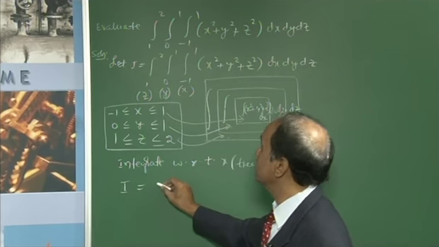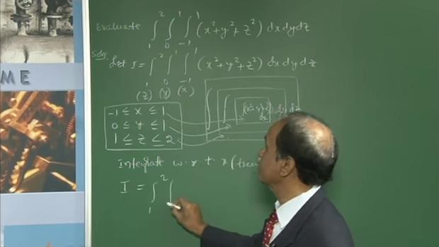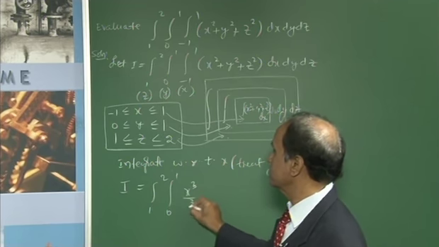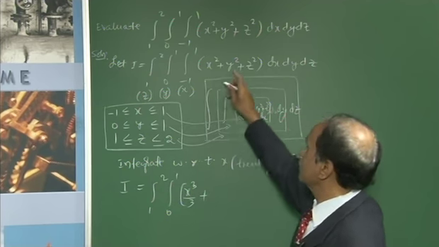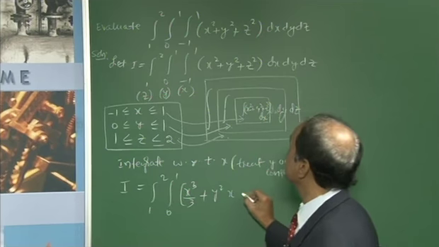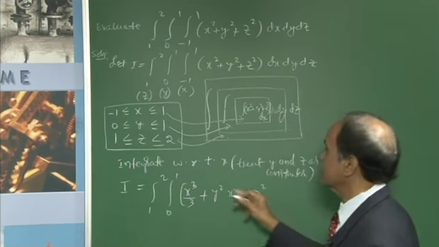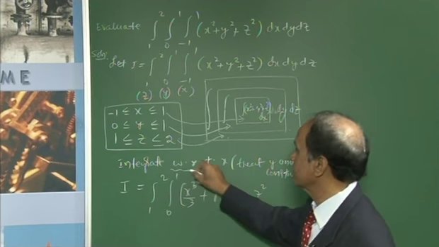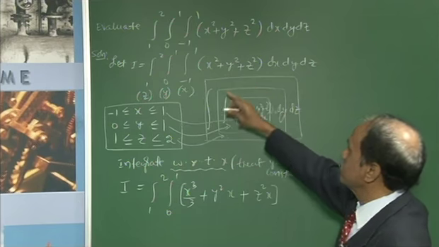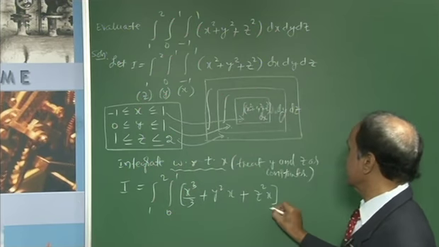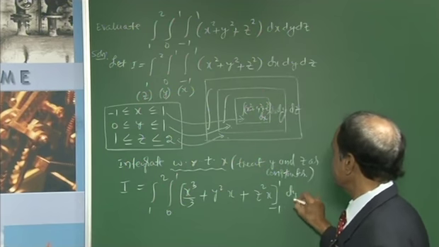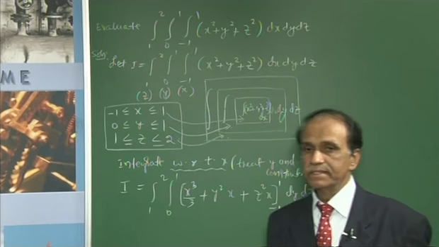Therefore I is equal to the integral from 1 to 2, 0 to 1, then x cube by 3 plus, here y square is constant, so y square times x, plus z square is constant when you are working with respect to x, so z square into x, with the limits for the innermost integral, that is minus 1 to plus 1. The remaining differentials are dy and dz.